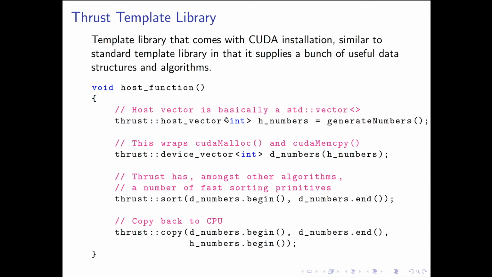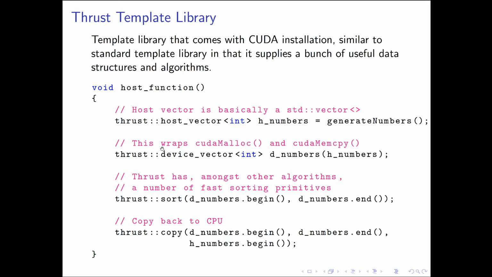For instance, there are the host vector and the device vector, and they map memory regions on either the host or on the device, and they allow us to easily copy between the two memory regions. The Thrust host vector is a template where we can tell Thrust what data type we store therein. The host vector is very similar to an STD vector, only that it has some interoperability with the device vector.